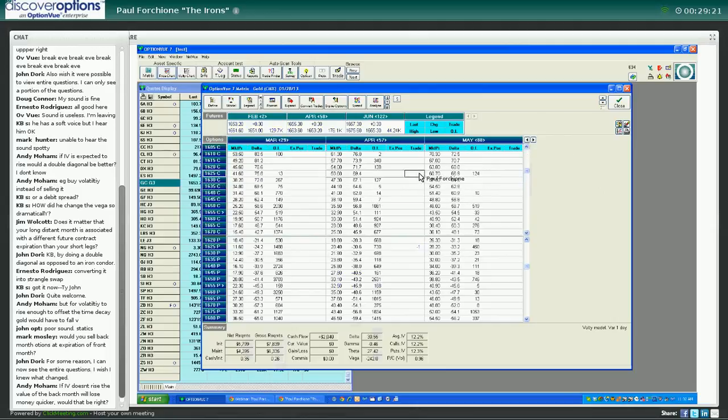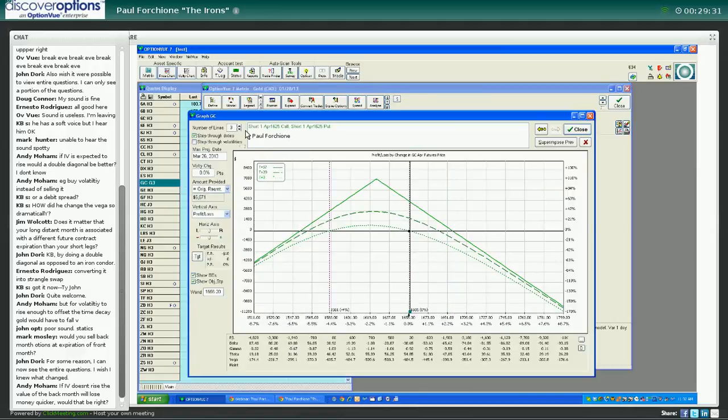Because when you're short a straddle, if that strike price is below where the futures are, it has a negative bias. You can see its delta is minus 39. So that would be a graphic analysis of a bearishly oriented straddle.